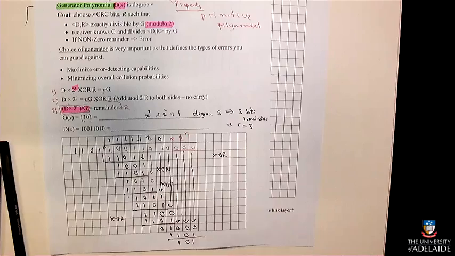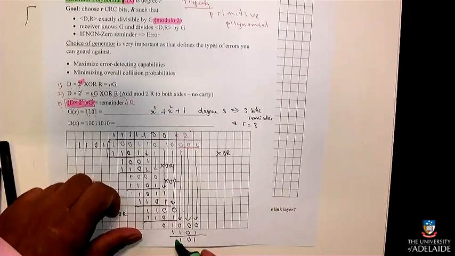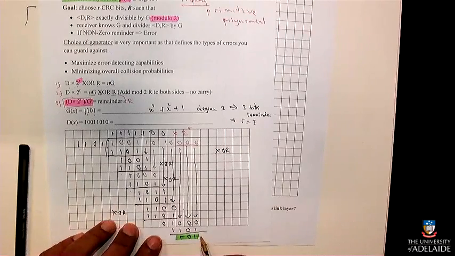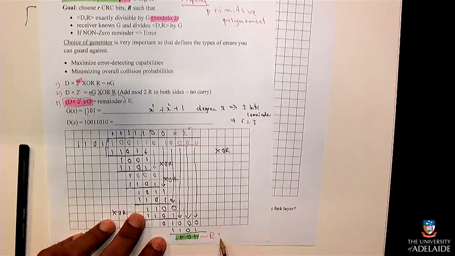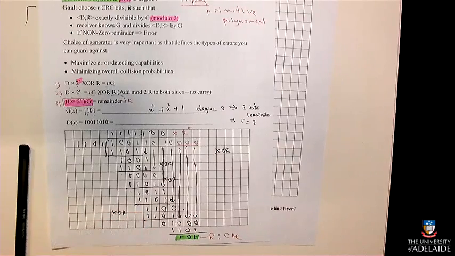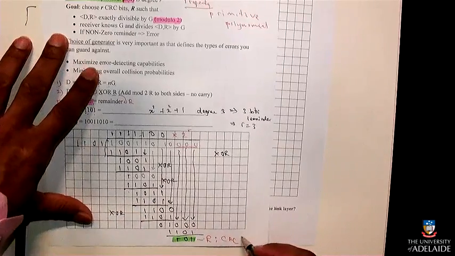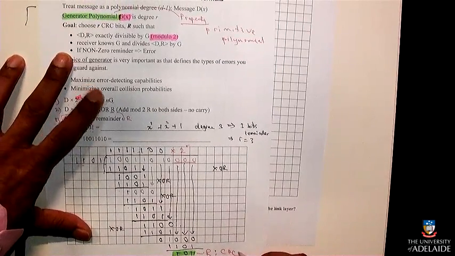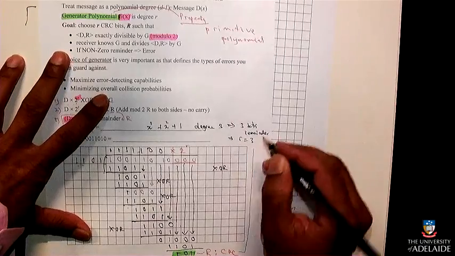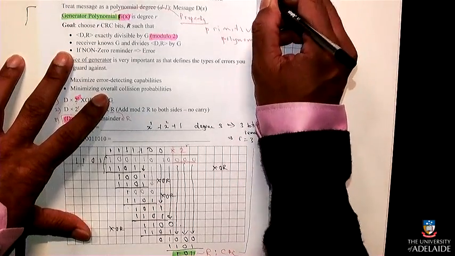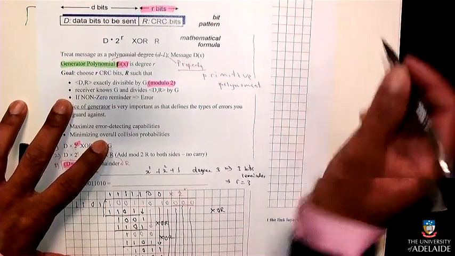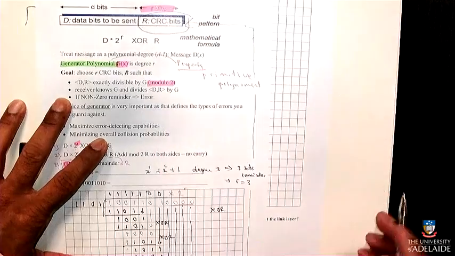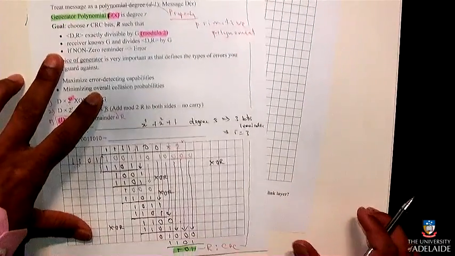From memory, I think that's the right answer. So this is now your R, or the CRC, which goes here.